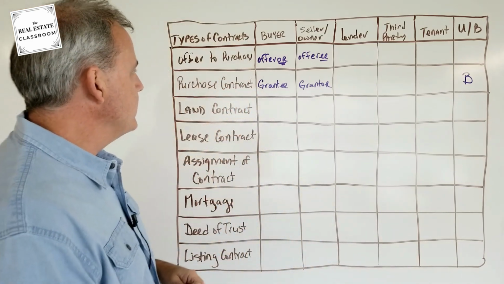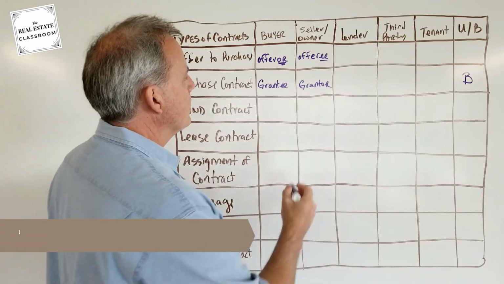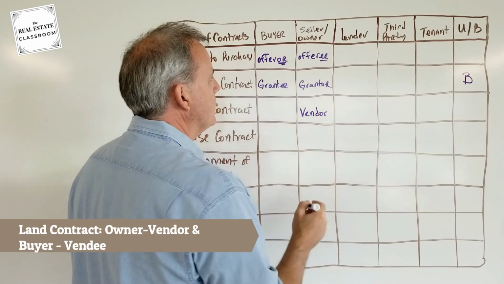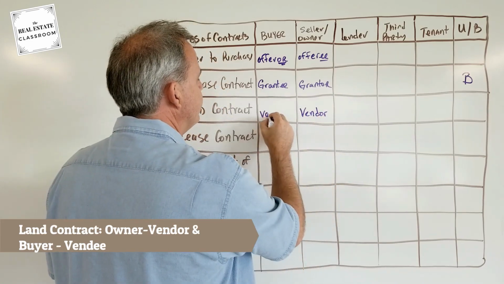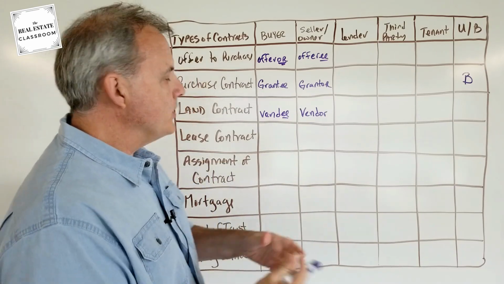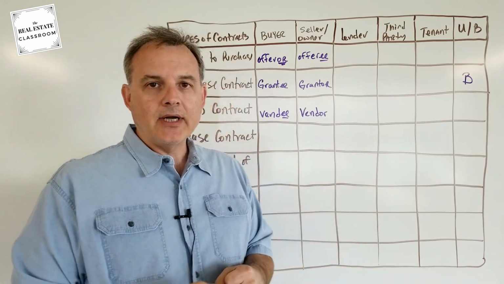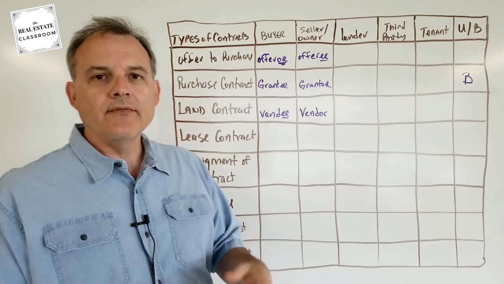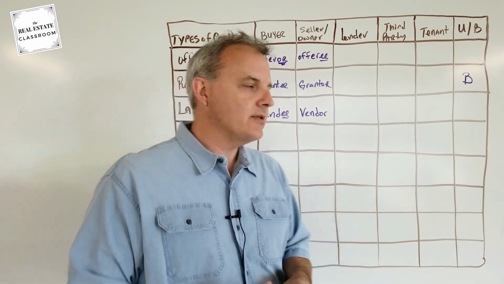Land contract is another one. All right, so the vendor, V-E-N-D-O-R, the vendor is the owner, and the vendee with two E's is the person receiving the land contract, or the buyer. It's seller financing here, and this is for a different video, but a land contract is a type of seller financing.